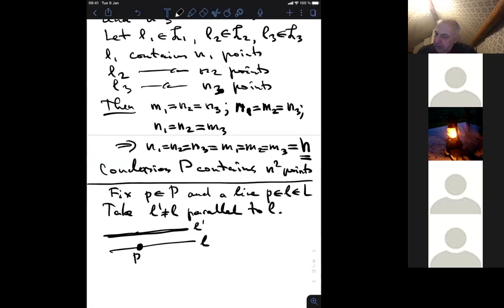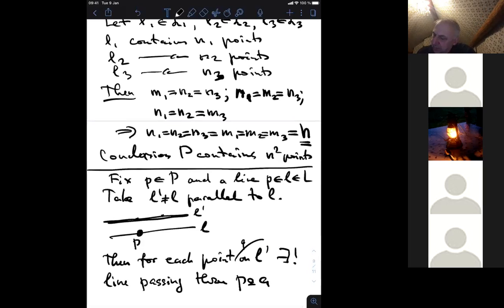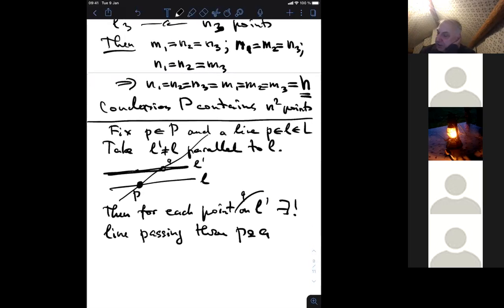Now, for each point on L prime, call this point Q maybe, there exists a unique line passing through P and Q. So whatever point Q here we fix, we can find a line like this, because that's one of the first axioms, that any two distinct points contain a line.